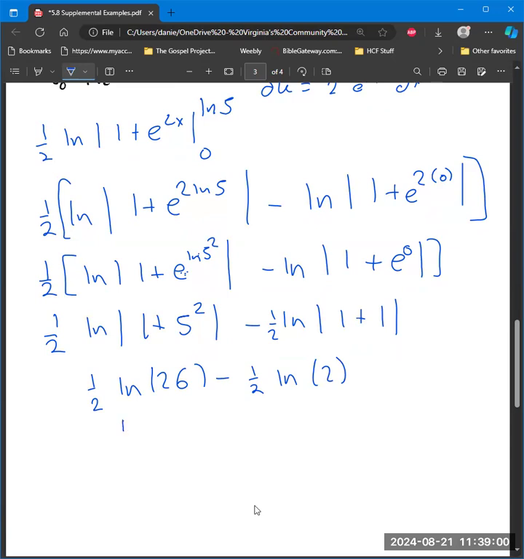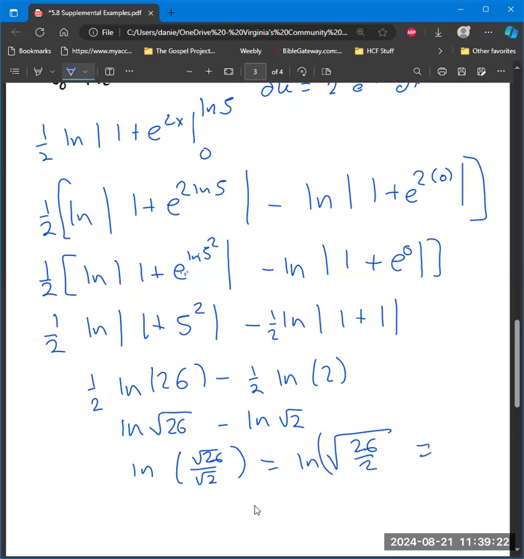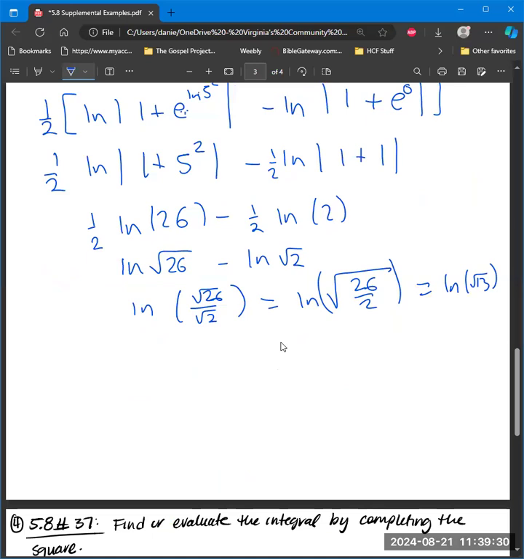I'm going to say that this is ln of the square root of 26 minus ln of the square root of 2. Then use my log properties to say that this is ln of root 26 divided by root 2, which is ln of root 13, which is the same thing as 1/2 ln of 13.